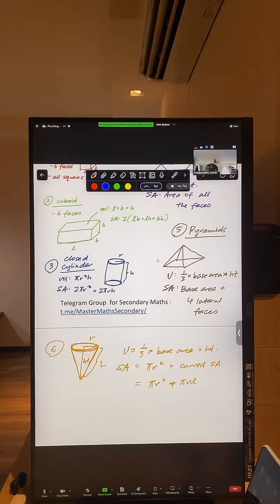For curved surface area, the formula is pi times radius times l. Let me change this L from a capital L to a lowercase l, so that you don't get confused. Okay, this is cone.